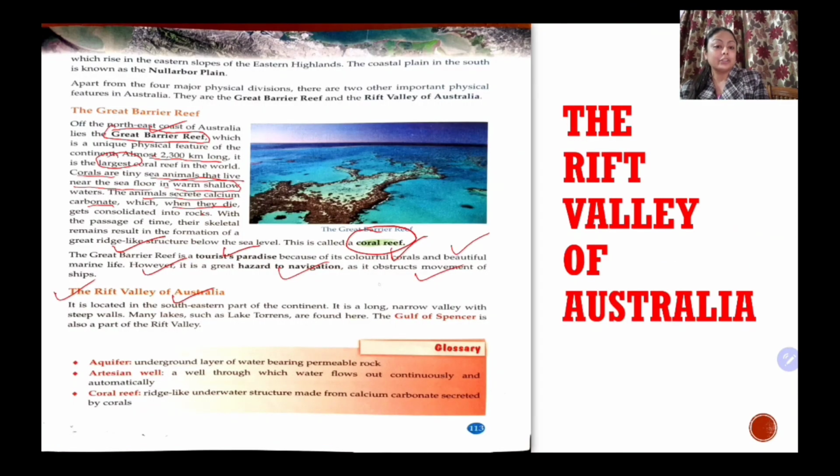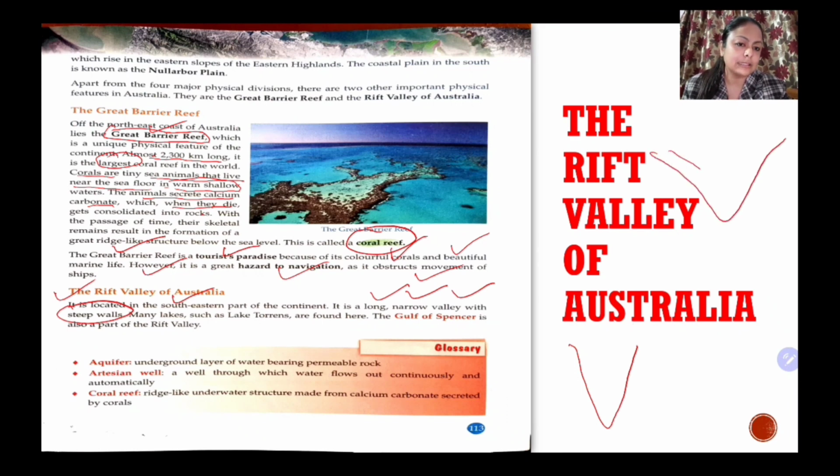The Rift Valley in Australia is a long, narrow valley with steep walls. If a valley has a gentle wall, that is gentle. When there is a sudden fall, it is known as steep walls. And several lakes like Lake Torrens are found here. And also the Spencer Gulf is a part of the Rift Valley.